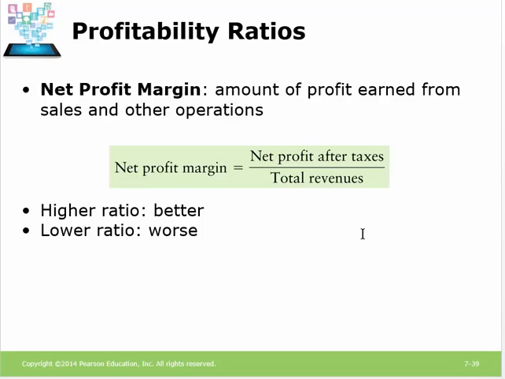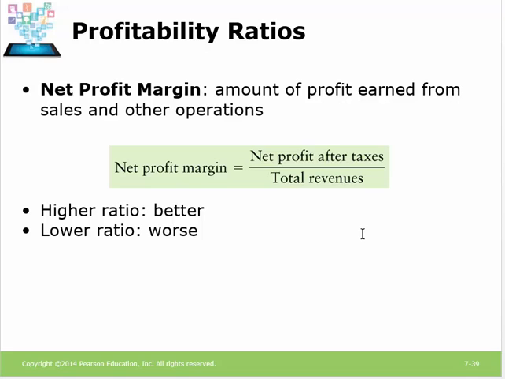Profitability ratios. One of the primary ratios we look at is called net profit margin. It's the net income, the net profit after taxes, divided by total revenues. And of course, with respect to profitability, higher numbers are always better numbers. So thinking about financial analysis, we would want to look at the history of the company.